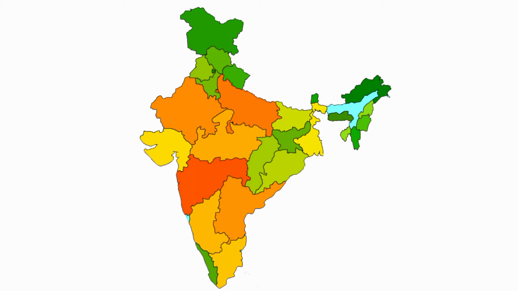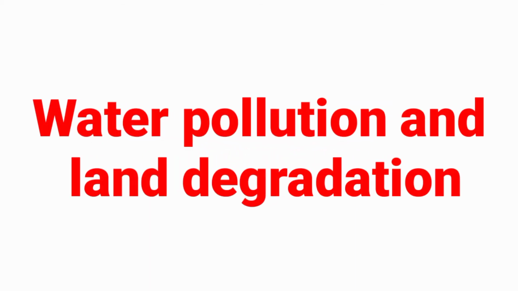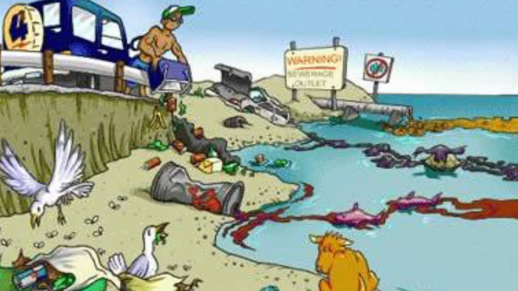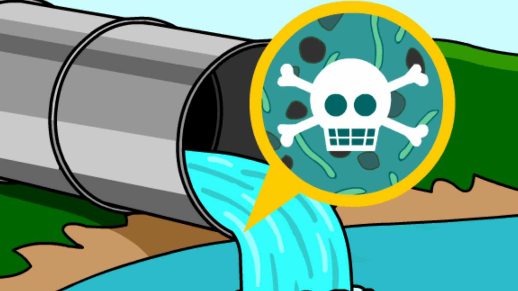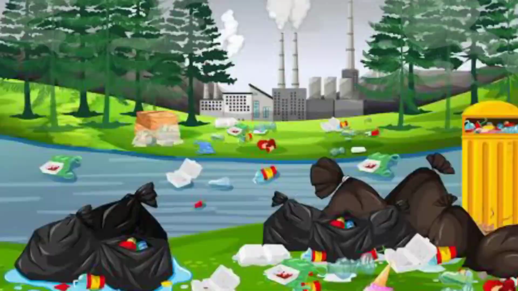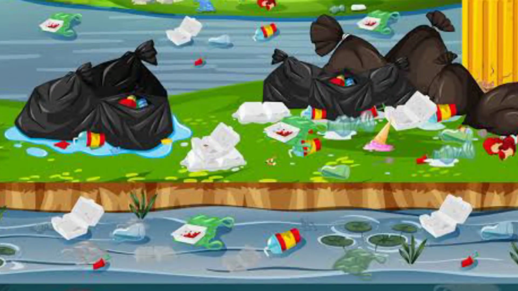Now let us see water pollution and land degradation. When human, hospital, industrial and other waste are dumped into open space, they affect the land and water. Here we see that this waste, dumped into empty space, creates more pollution, mostly affecting the land and water of that area and reducing their quality as well as availability.